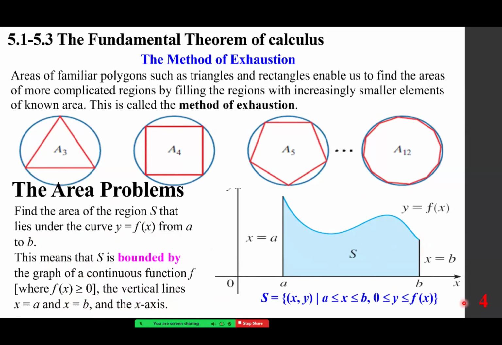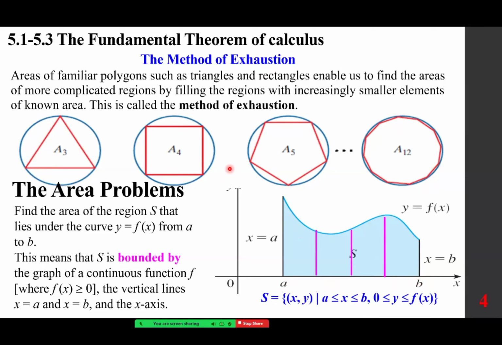Notice this gives you exactly the same thing. S is the set of points (x, y) such that x is between a and b, and y is between 0, the x-axis, and f of x. So how do you find the area? Well, you can cut it into so many pieces.